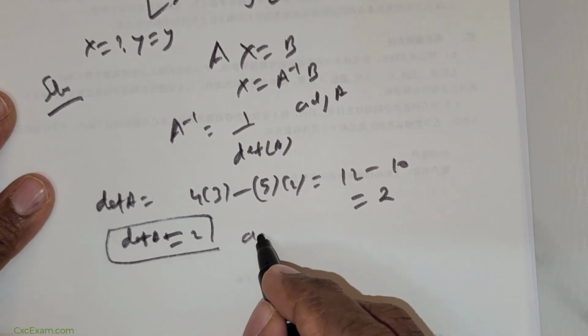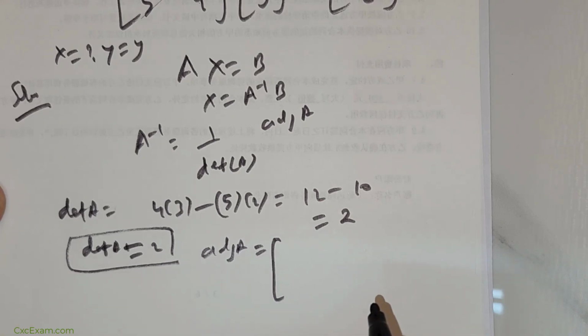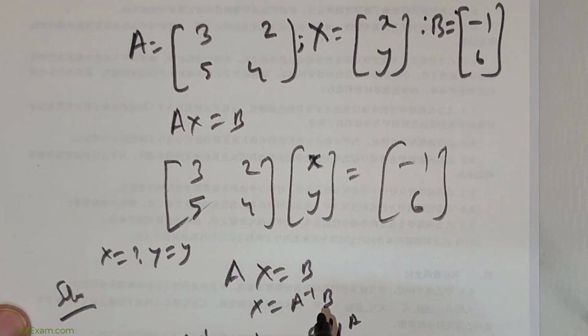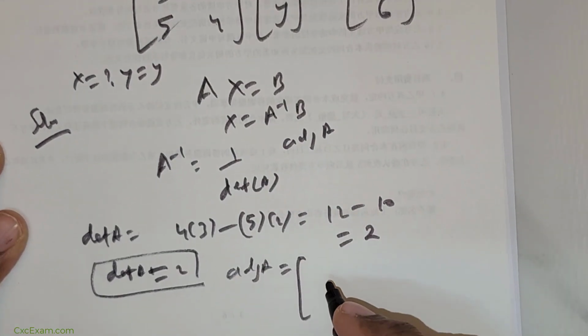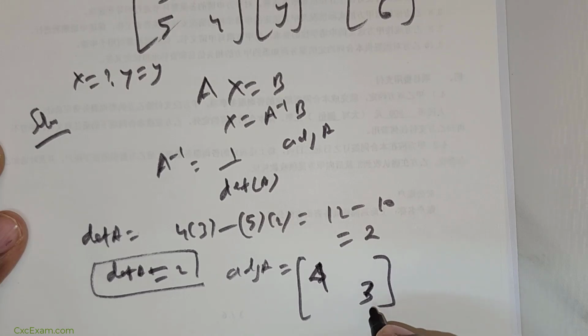So now the adjoint. Now to find the adjoint of A, what we do is we interchange the positions of 3 and 4. So 4 goes to 3's place and 3 will go to 4's place.